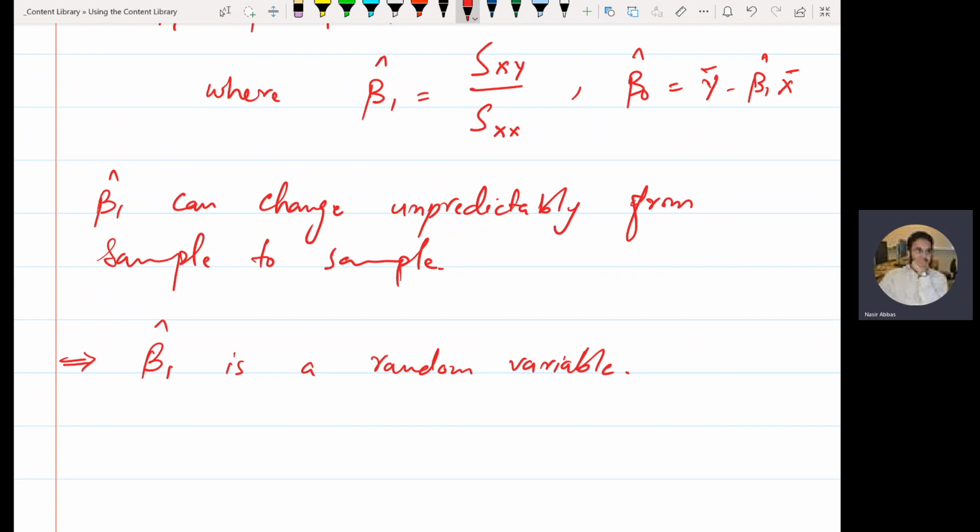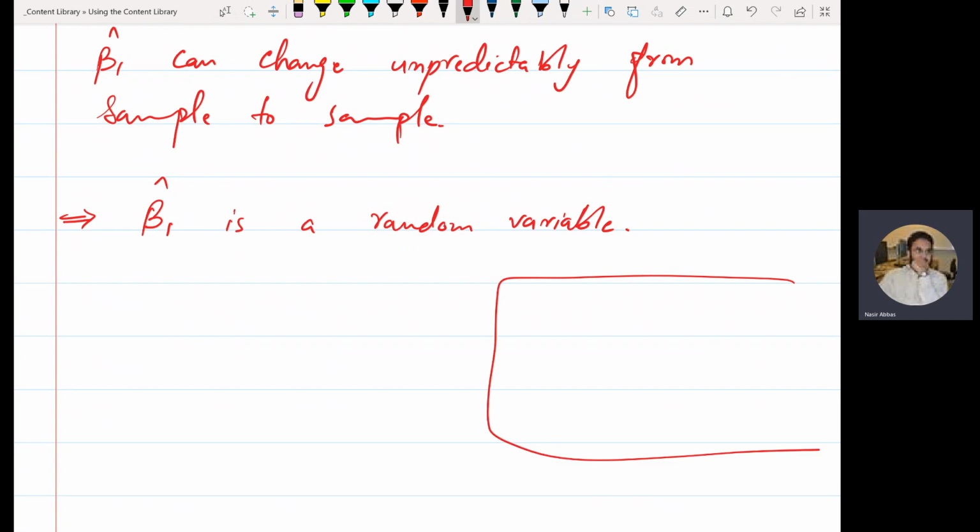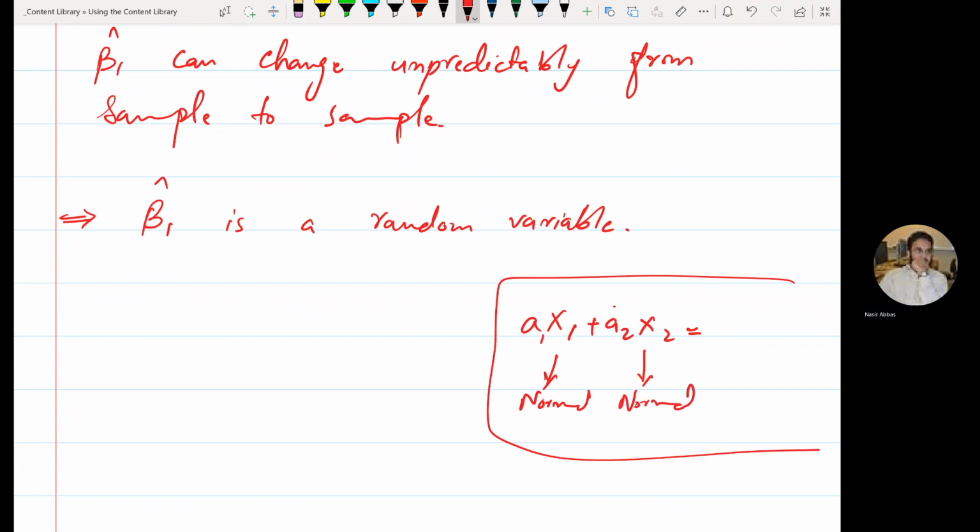If we can prove that this is a linear combination of normal distributions, we can simply say it is normal, because according to probability theory, a1x1 plus a2x2, if x1 is normal and x2 is normal, is normal. Any linear combination of two or more normal distributions is always normal.